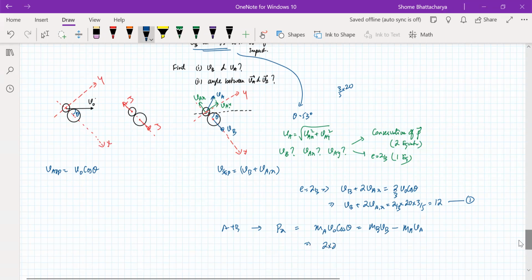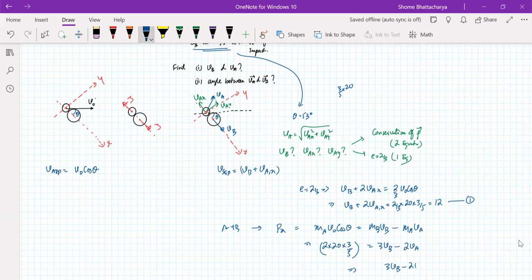So once again, 2 into 20 into 3 by 5 is equal to 3 VB minus 2 VAX, which is 24. Now you can see directly solving 1 and 2 itself will give you these two things, VB and VAX.